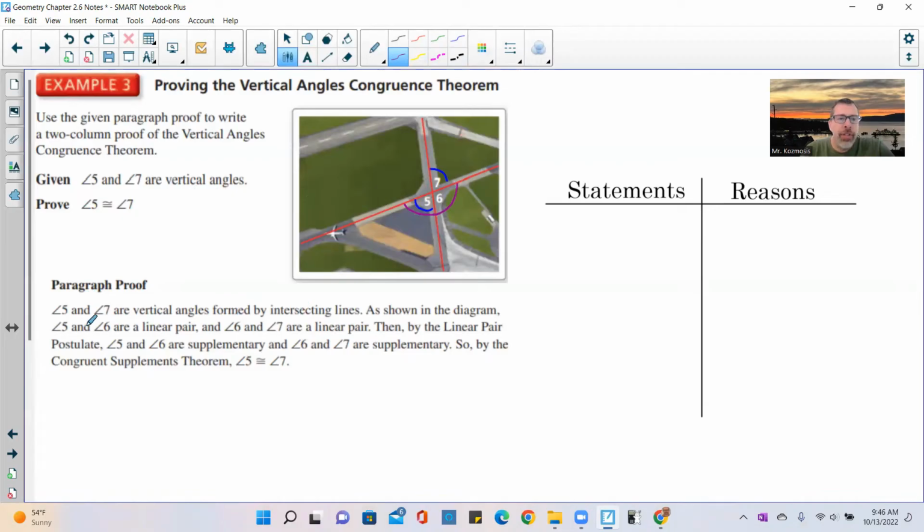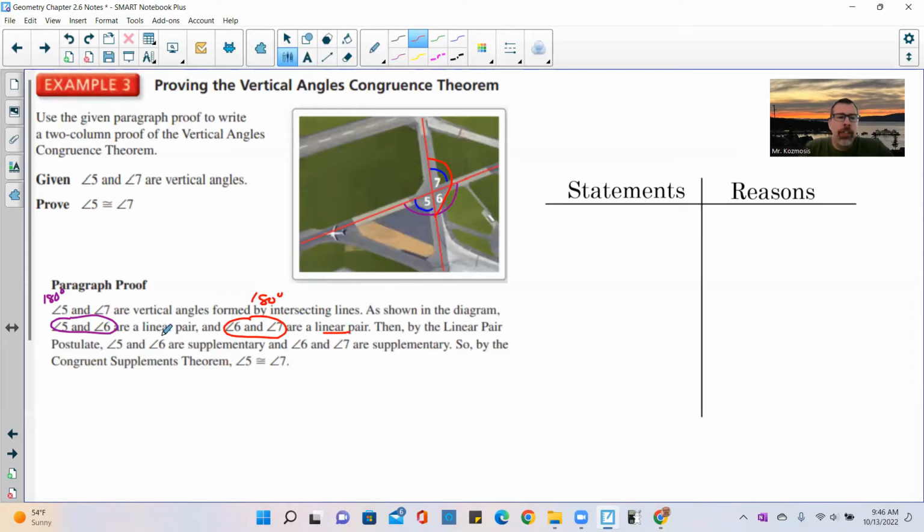So that means 5 plus 6 equals 180. So I'm going to just do that over here. They add up to 180 degrees. And angle 6 and angle 7 are a linear pair. Well, here's angle 6 and here's angle 7. So in other words, they're just saying these are straight lines. And when you have two angles that are linear pairs, they add up to 180 degrees.